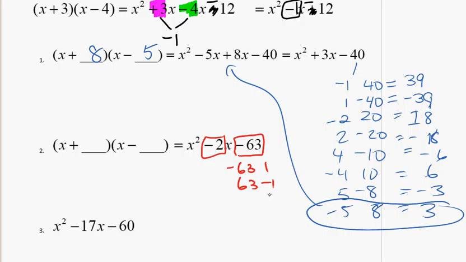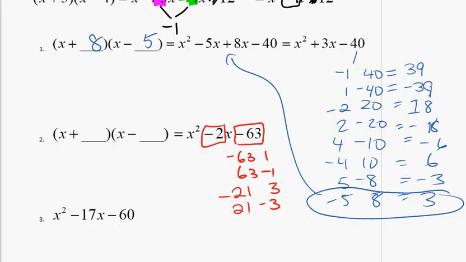2 doesn't go in, 3 goes in 21 times, so 21 and negative 3. 4, no. 5, no. 6, no. 7. Yep, so 9 and negative 7, and negative 9 and 7. So when we add them up, you get negative 62, 62.